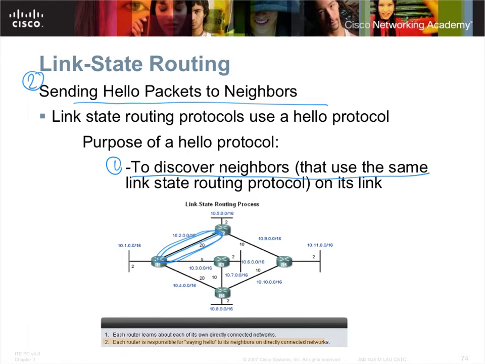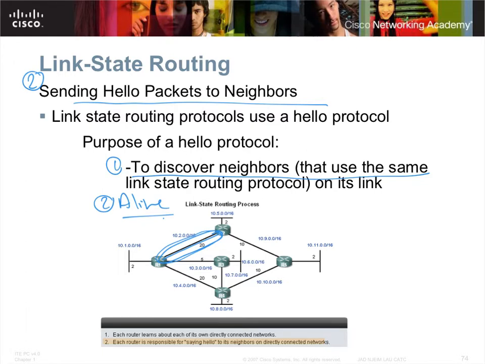So this is one. Two, are all of them alive and well? Which means that if I don't receive hello packets from any neighboring router for 3 consecutive times, here actually it's four consecutive times, then I consider that this router is dead, which means that the link between me and this router is down, and then I need to do something about it.